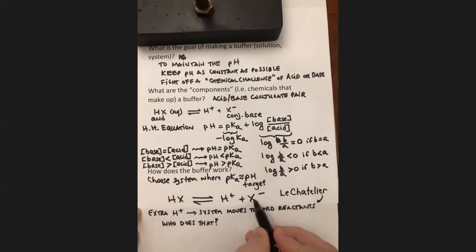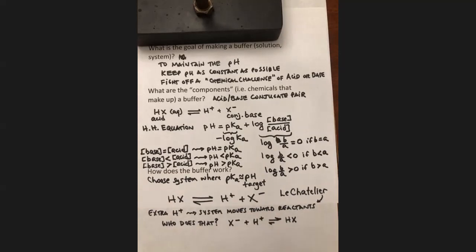Well, it's that guy there. Because if I need to remove hydrogen ions, I need a base to take them, right? So my X minus is going to take those extra ions and I'm going to use the double arrow, but I'm going to do this one bigger because remember the system's coming this way to generate more molecules of the acid.